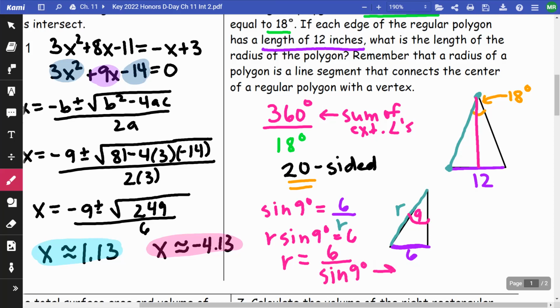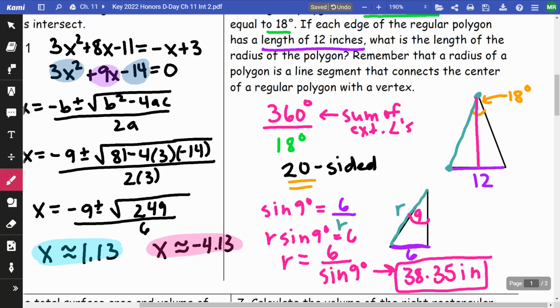I'm going to put that into my calculator, making sure it's in degrees and not radians. So 6 divided by sine of 9 gives me about 38.35. And so in inches, that's going to be the length of the radius.